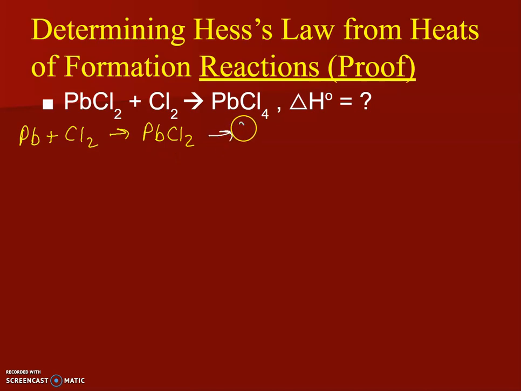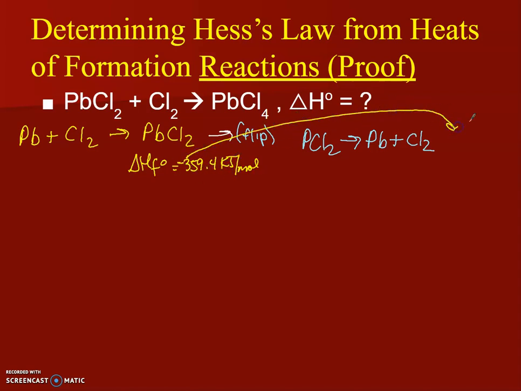So instead, PbCl2 breaks up into Pb plus Cl2. If my delta H of formation for this is negative 359.4 kilojoules per mole, I'm going to flip the value over here. So my delta H value for this is going to be positive 359.4 kilojoules.